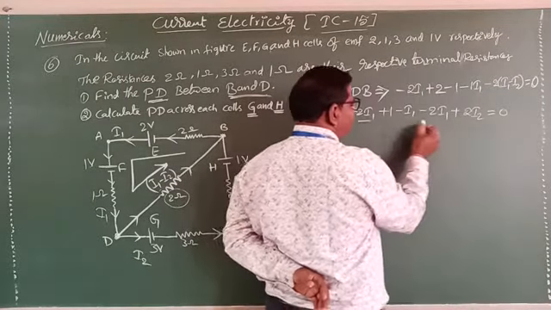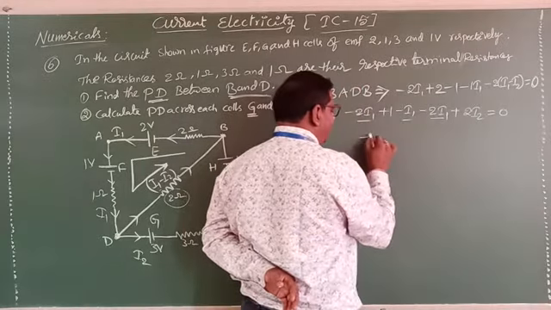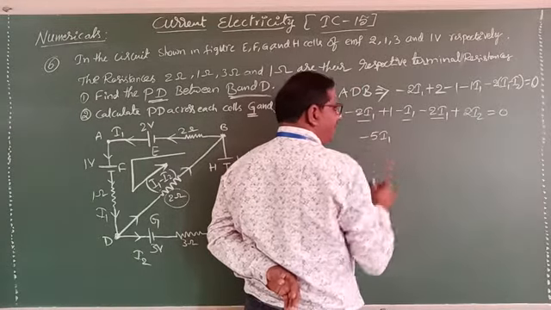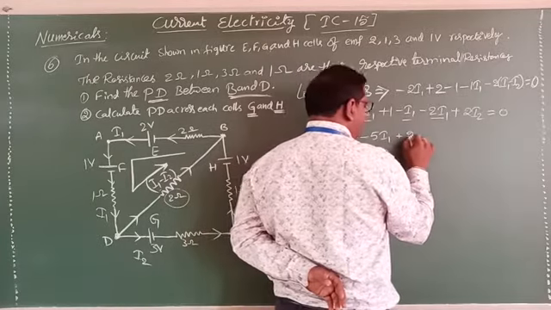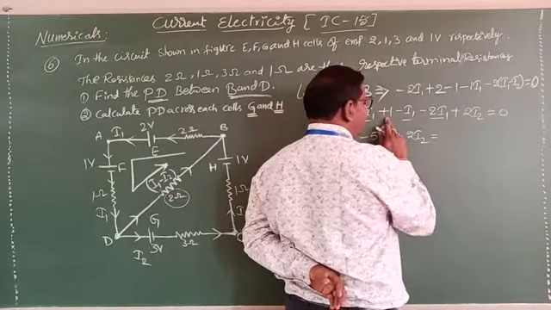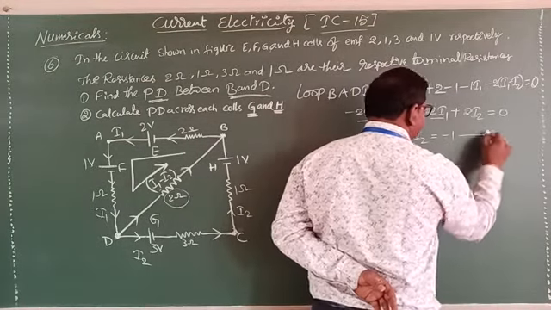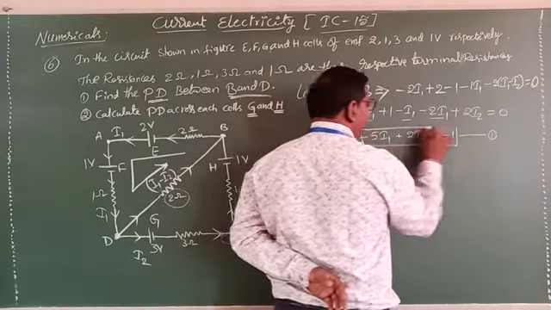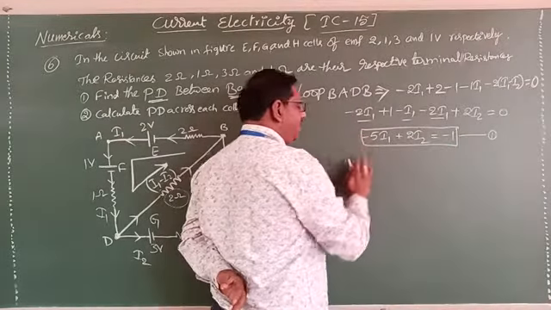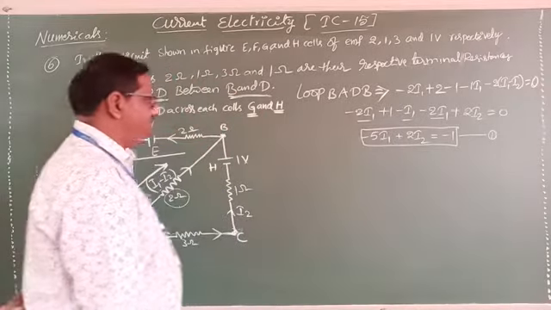Now here minus 2I1, here minus I1. So how much is it in total? Minus 5I1 plus 2I2, that equals, here plus 1, take that side, it becomes minus 1. It is equation number 1. Clear? Very, very simple. Next one.